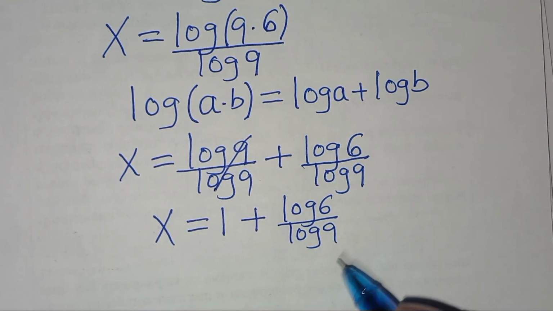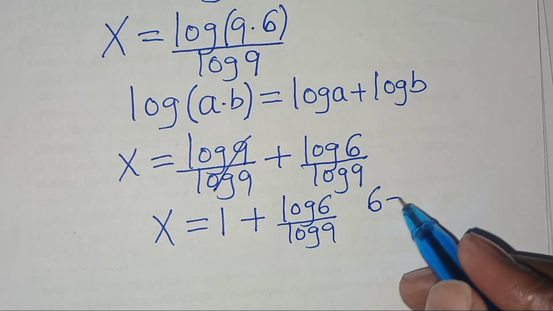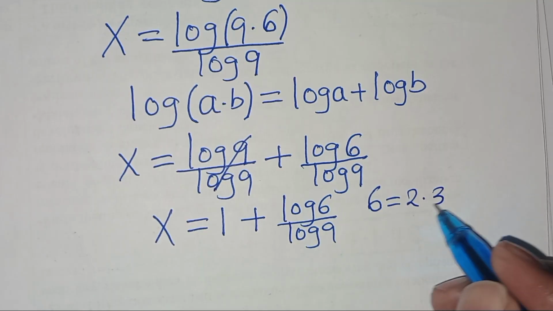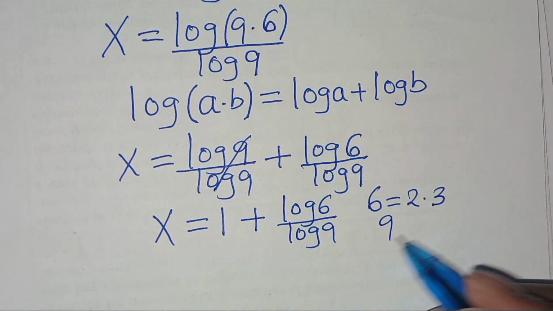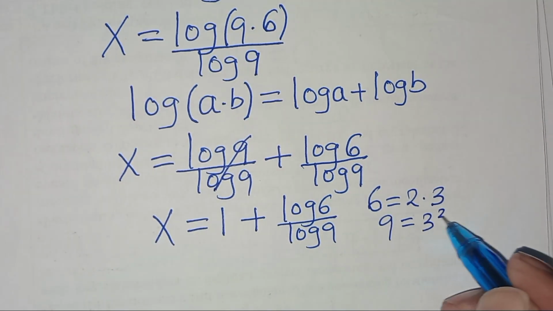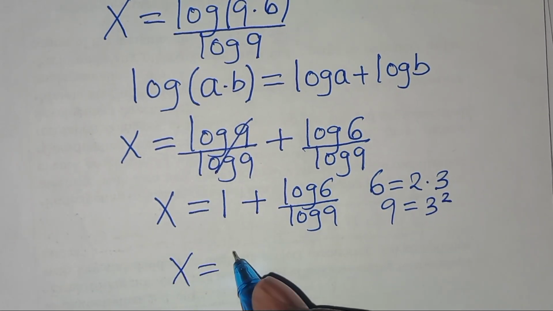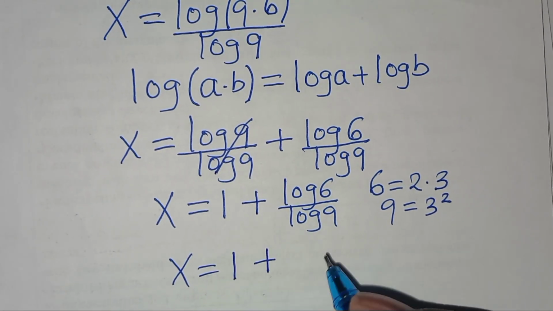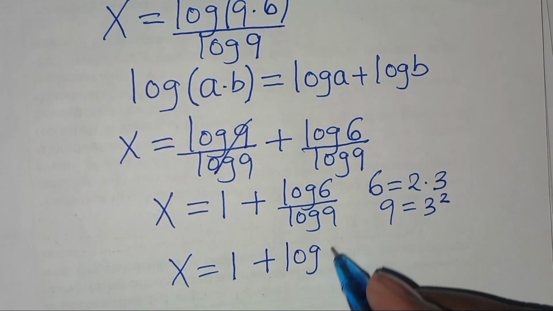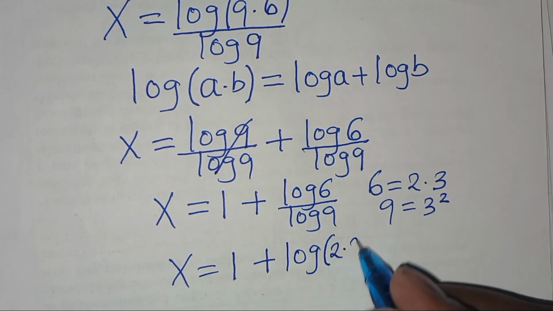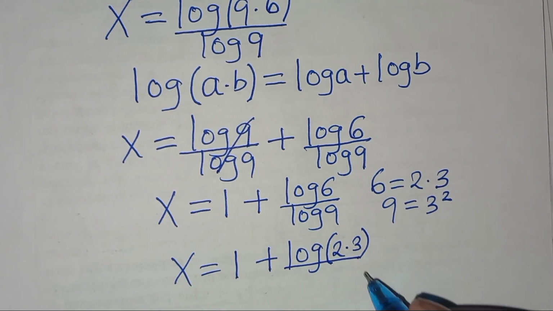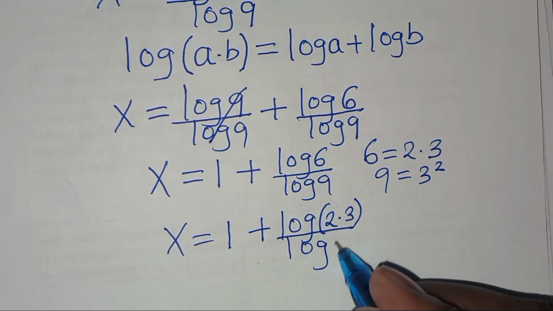The second step here, you can express 6 as 2 times 3, and we can express this 9 as 3 to the power 2. Substituting this, we will have x is basically equal to 1 plus, now here we have log 2 times 3 divided by log 3 to the power 2.